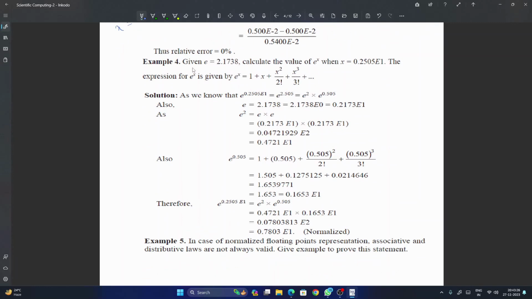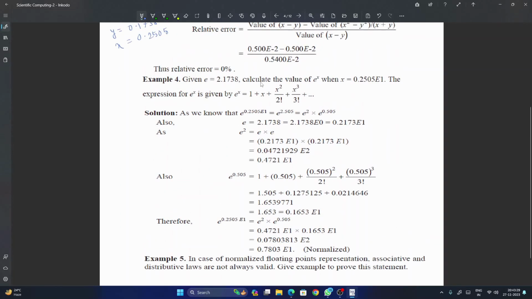In example 4 also there is one such type of problem. So an e value is given, and the value of e to the power x, you all know the series. That is the series form, and if you want to calculate e to the power x at a point, suppose 0.2505 e1, then the machine will calculate it by using the series, up to actually 4 decimal places.